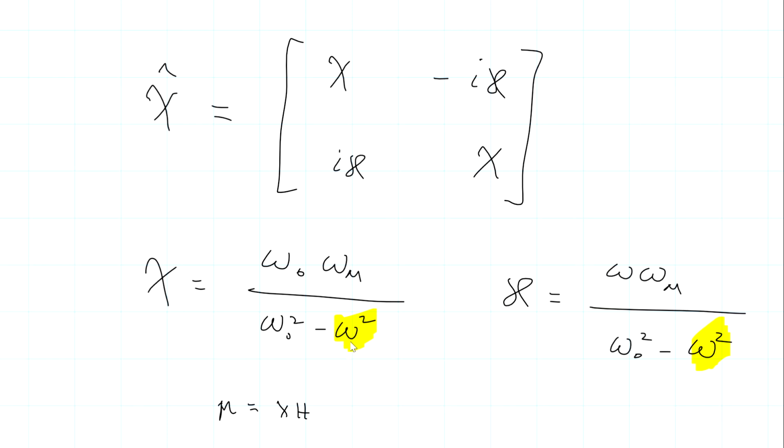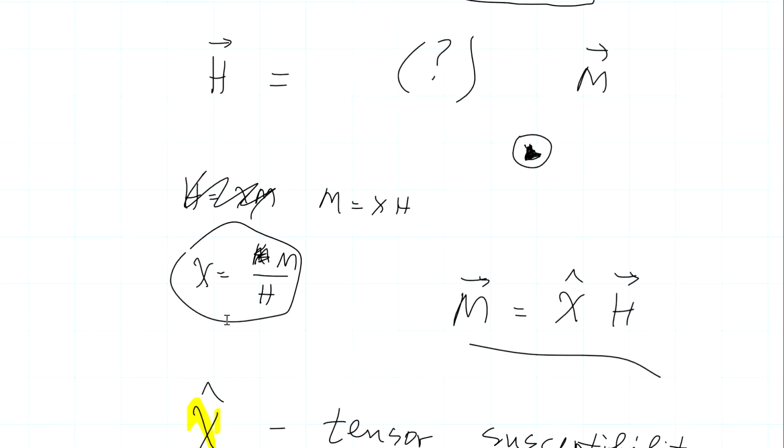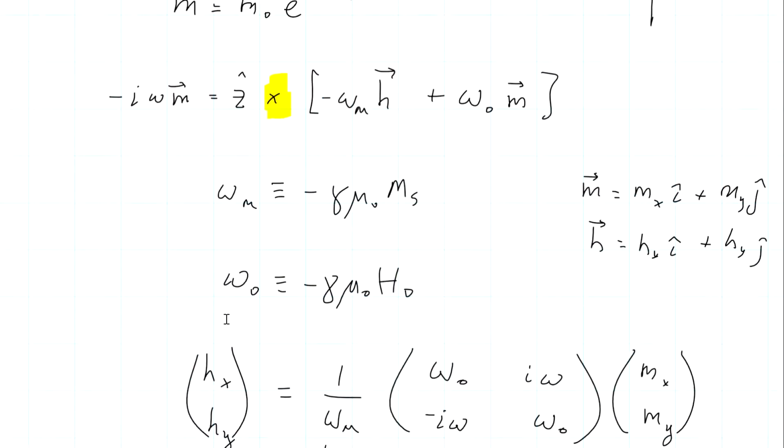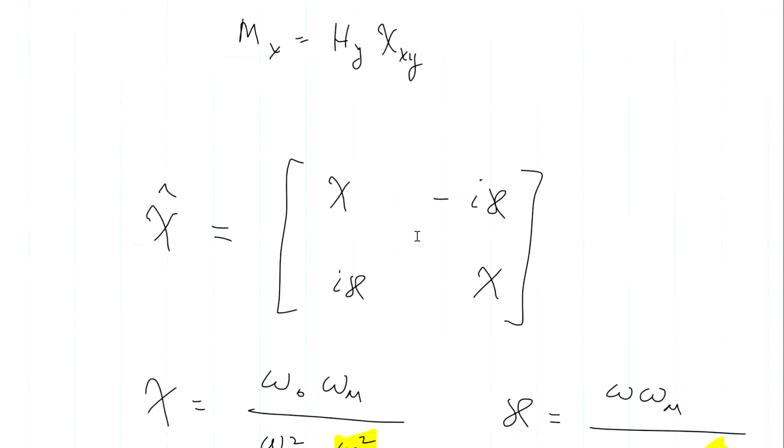And by the way, this omega m and omega naught, we introduced them before, so you can scroll back in your video. They depend on the magnitude of the applied field, and also on the magnetization of the material, how it will react to the magnetic field.